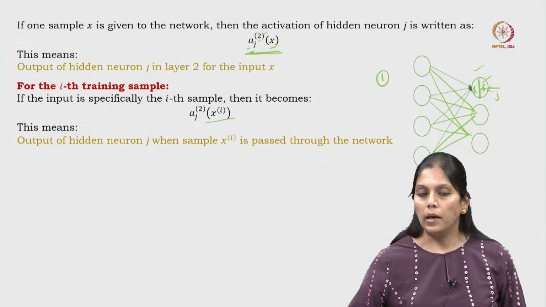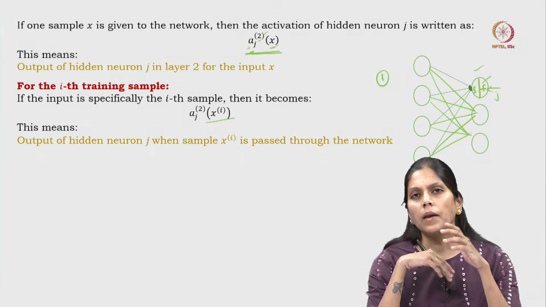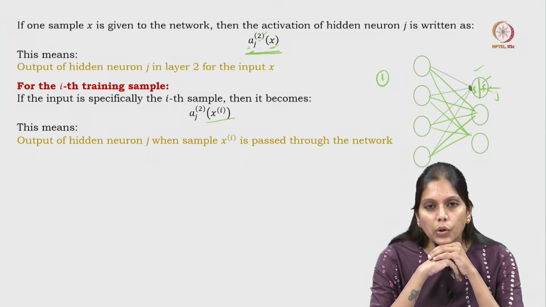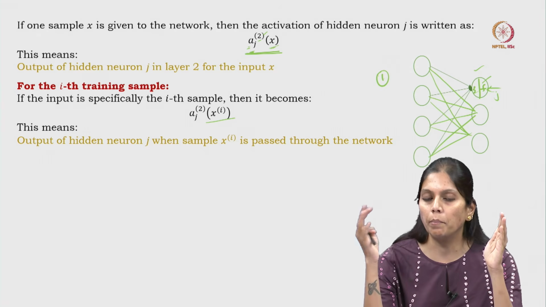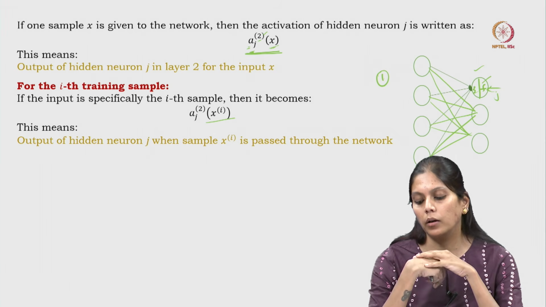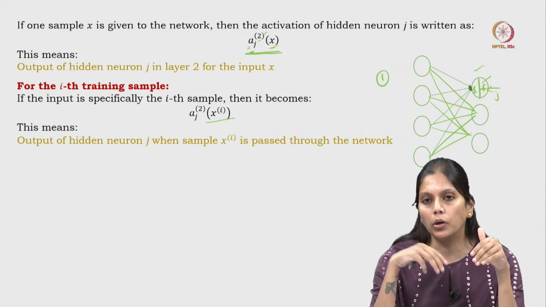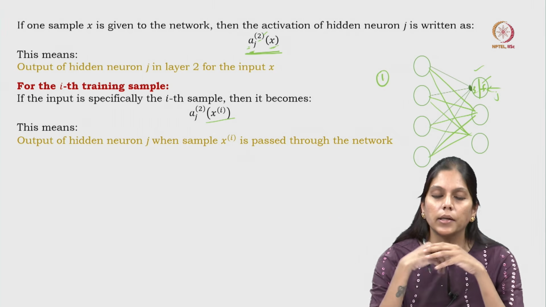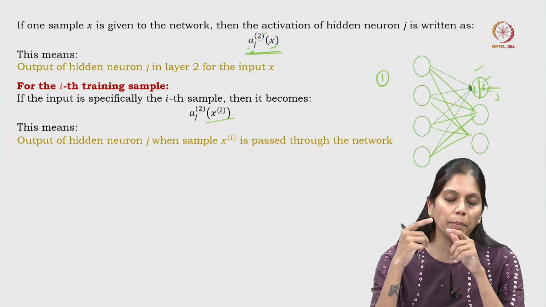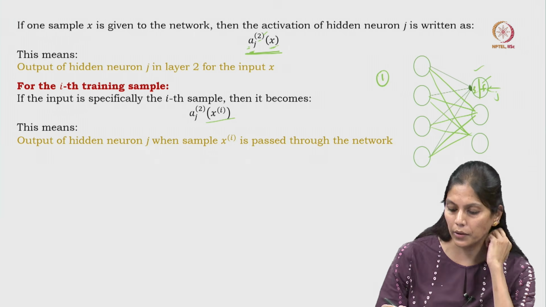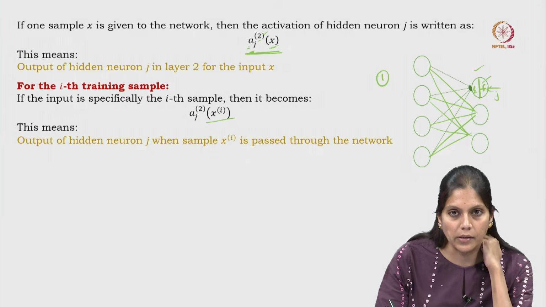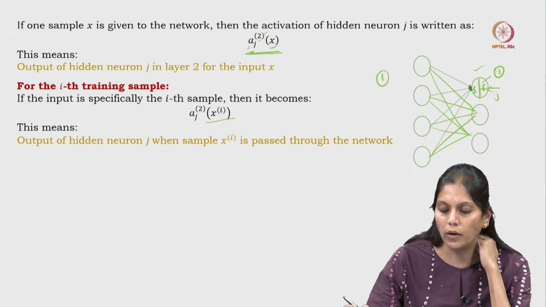Okay, now let us understand, is this approach good? That is, for one input, you are making that hidden neuron inactive. For one more input, the hidden neuron inactive. Or can we take the average of all the samples? For example, when you pass the first sample, you will get one value.